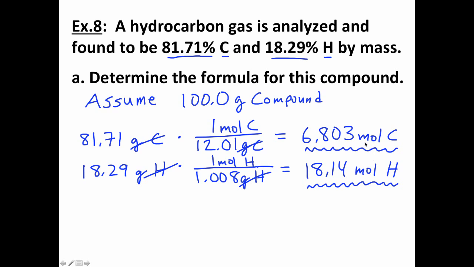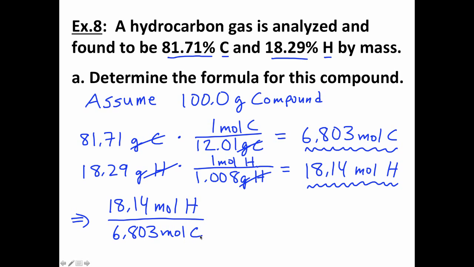And then once we have the moles of the various elements in our compound, remember that the formula is going to be the ratio of atoms or moles, but as a whole number ratio. So what we want to do is take our moles and do a ratio. And it's easiest to do a ratio, in my opinion, with the bigger number divided by the smaller number.